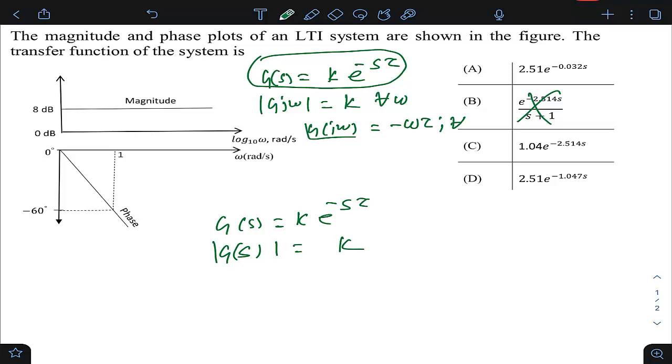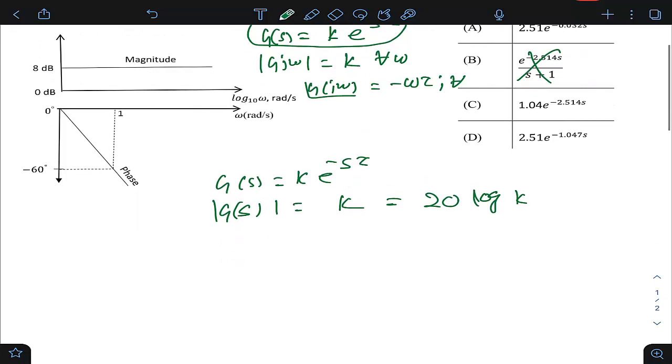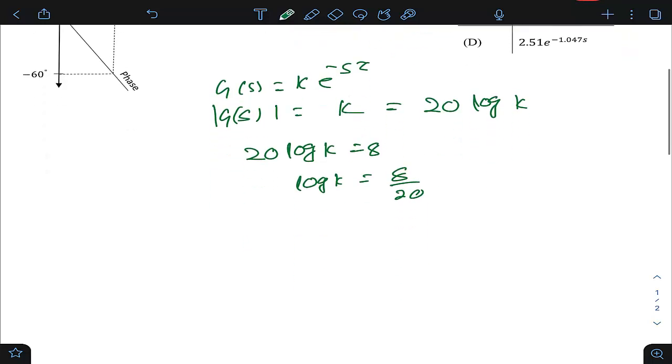But because the plot is in log scale, it is 20 log k. So I can tell that this 20 log k is equal to 8, at all frequency. So no issues. So log k is equal to 8 by 20, or k is equal to 10 to the power 8 by 20.